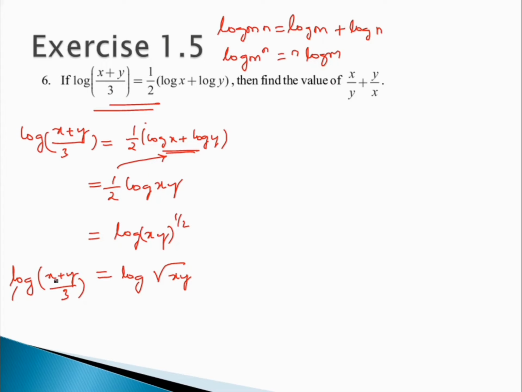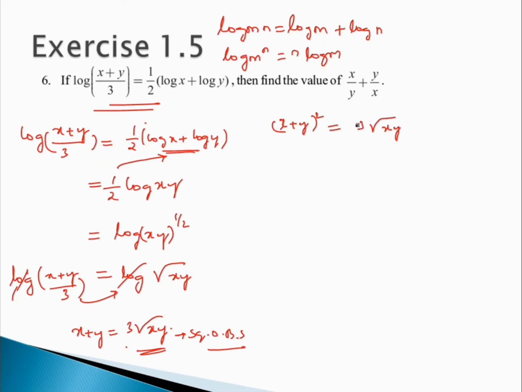I'm removing the logarithms on both sides. I'm shifting the denominator to the other side. So x plus y equals 3 times root of xy. So this is your required equation, isn't it? Now, what I will do is square on both the sides. When I am doing that, this comes out to be x plus y to the whole square is equivalent to 3 into root of xy, the whole square.